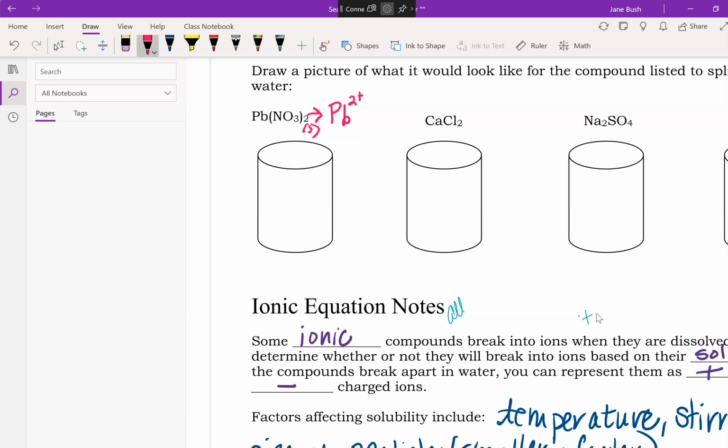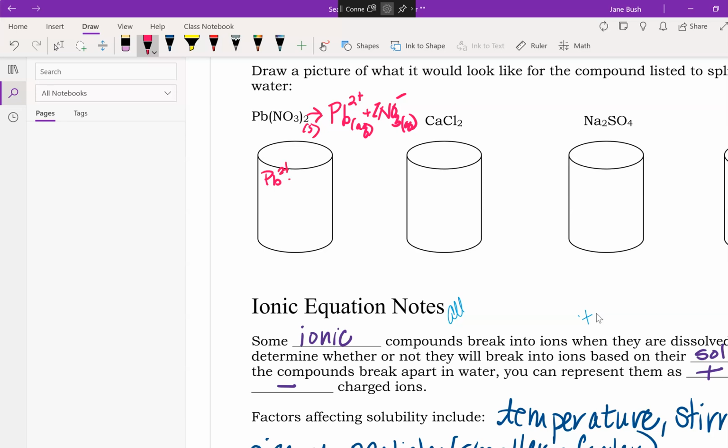Lead and nitrate. So lead will be aqueous because it's an ion now, and nitrate will be aqueous because it's an ion now. So I'm going to draw those in there. How many nitrates will I have? 2. So I'm going to draw that in there.